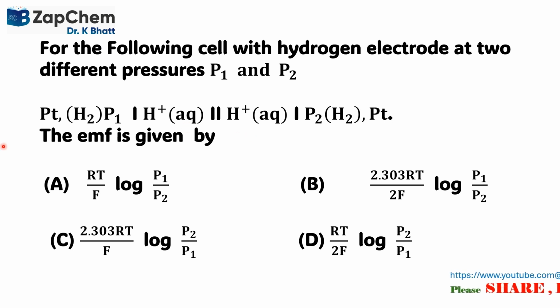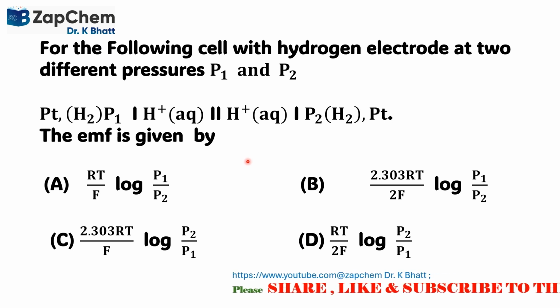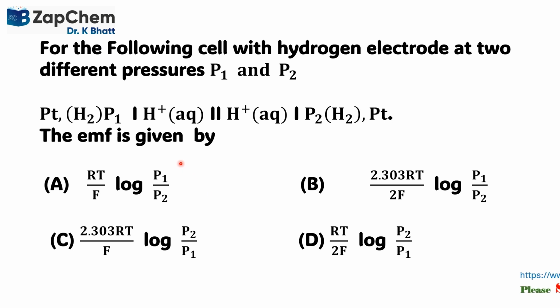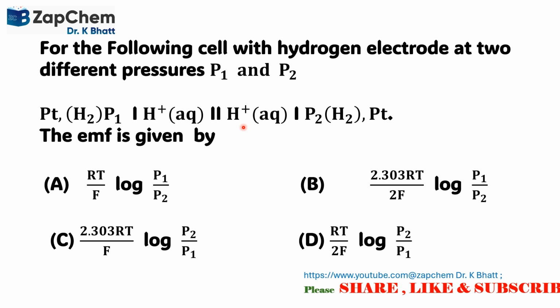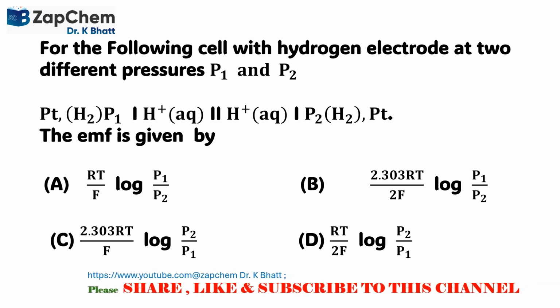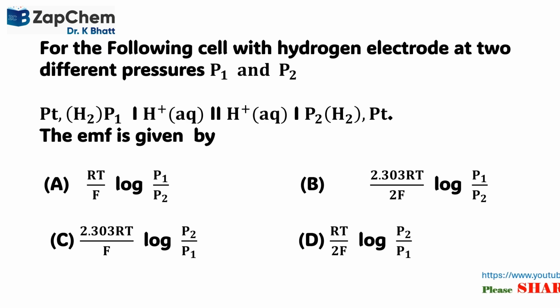And there is the EMF. We have to find out which one is the correct option representing the EMF of the cell with hydrogen electrodes at different pressures. So we have to calculate.